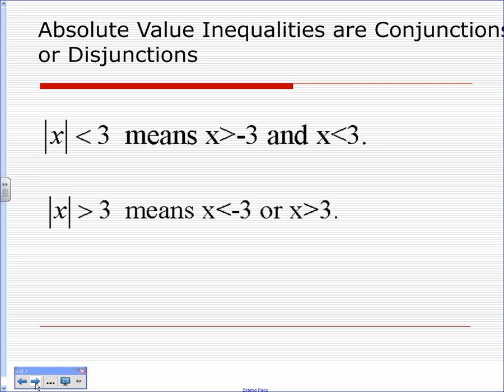Okay, so going off of the same thing from the last slide, if it is less than 3, it means numbers that are greater than negative 3 and less than 3. The way that you do this, for numbers that are positive, do the absolute values affect them?